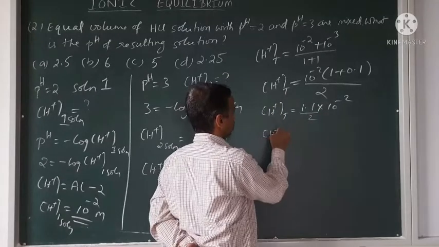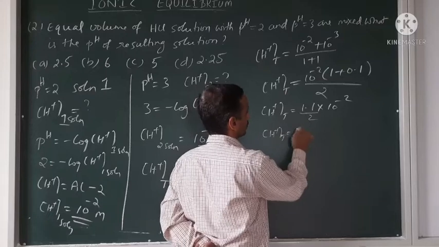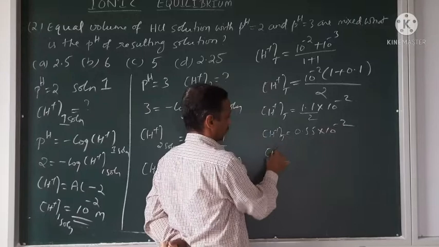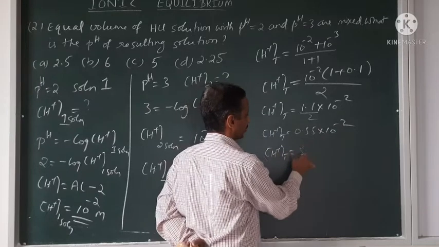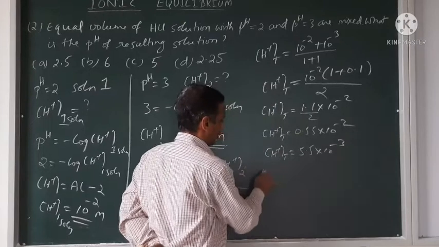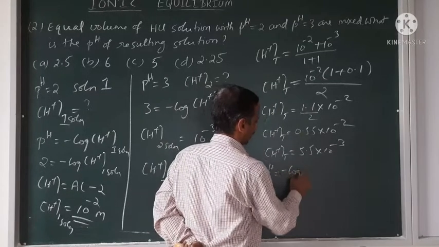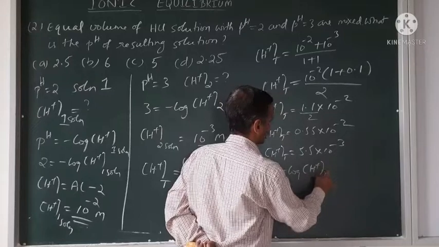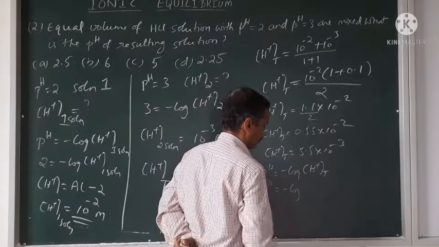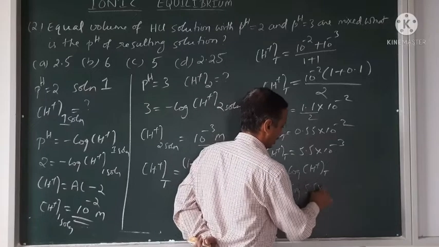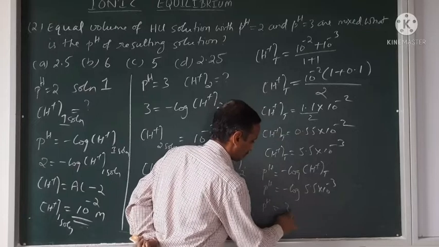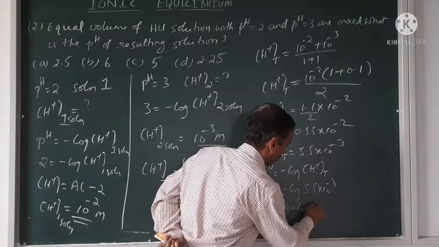H plus total concentration is equal to 0.55 into 10 to the power -2, or 5.5 into 10 to the power -3. pH is equal to negative logarithm of H plus concentration total. pH is equal to negative logarithm of 5.5 into 10 to the power -3, which is 3 minus log of 5.5.